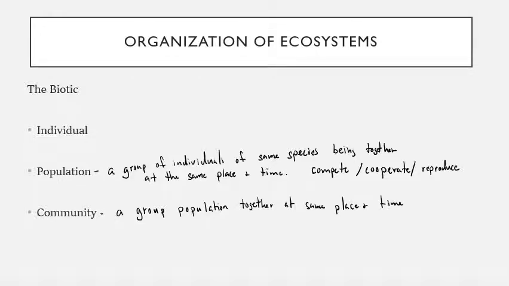And it's the same thing. Of course, reproduction is out of the question because they're different species, but the idea that they can interact with one another, that's a big part of what we care about in ecology. How do these organisms interact with one another?